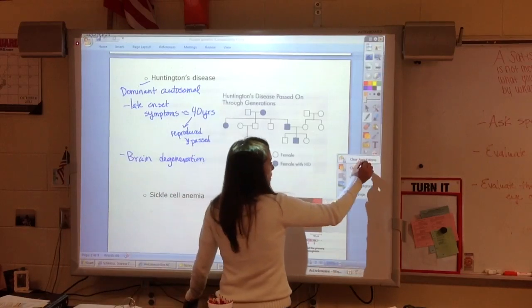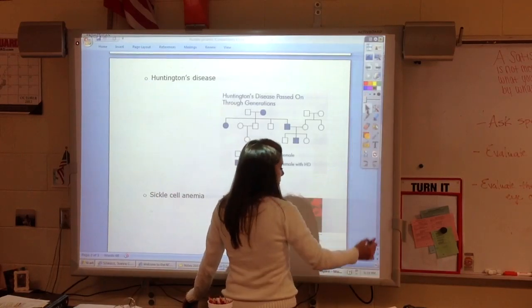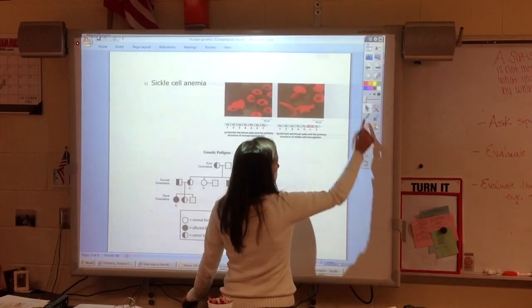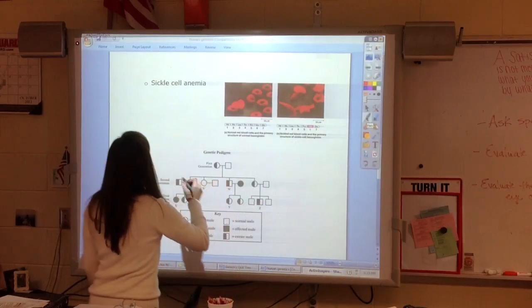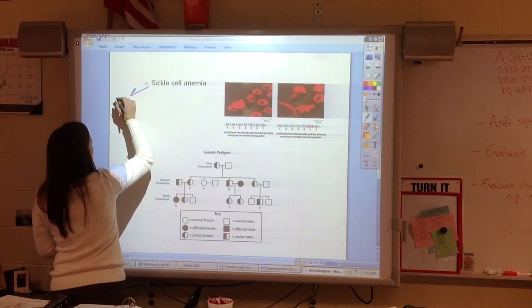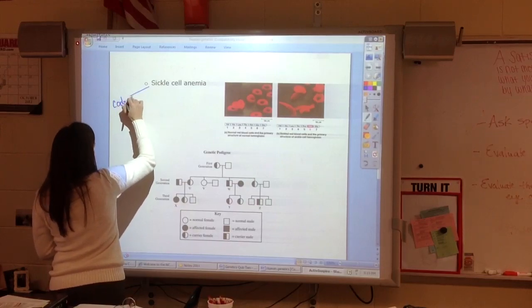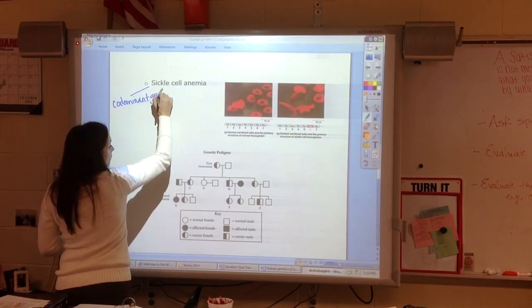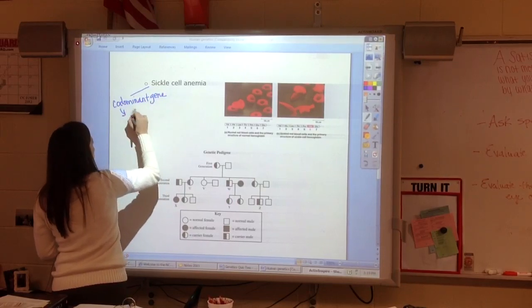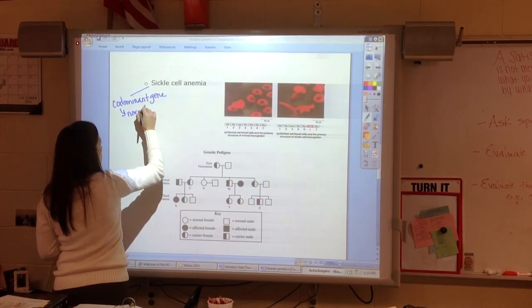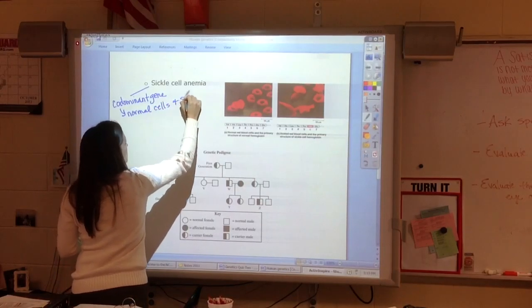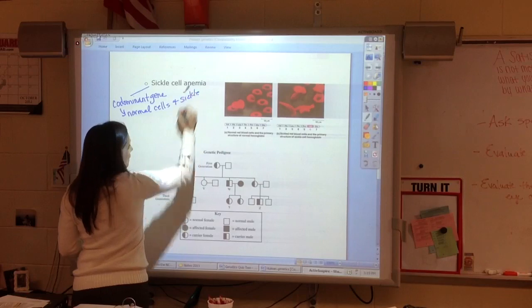Another one that we need to talk about is sickle cell anemia. And this one is a little bit unique for a couple of reasons. The first reason is that it's actually a co-dominant gene, meaning you can have some normal cells and some sickle cells in the same person.